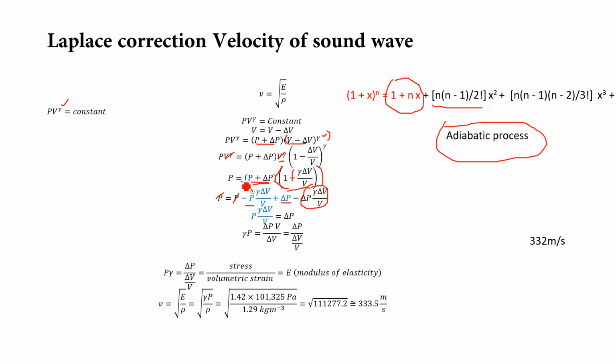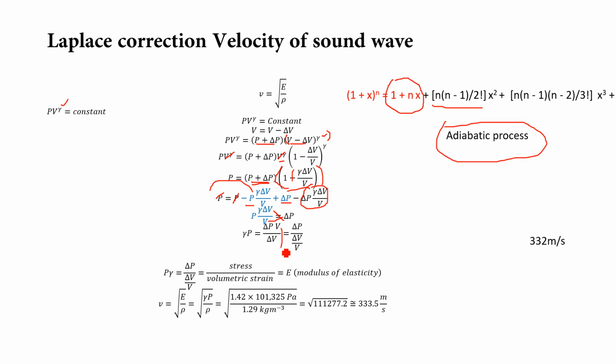Now shifting this term to the left side, we will have change in the pressure is equal to pressure into gamma times change in the volume divided by volume. Now doing cross multiplication, this volume will multiply with the change in pressure, and dividing both sides by del V, we will have del P times volume divided by change in the volume.